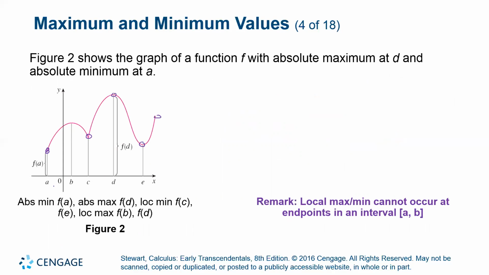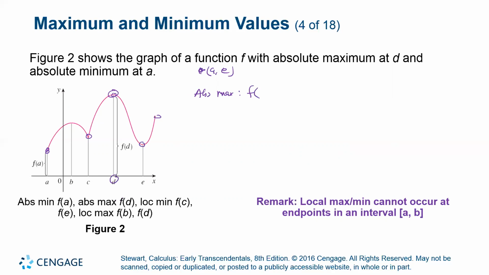If I consider the interval between a and e in this case, this is the highest point, the largest over that interval. So we will say that we have some absolute maximum occurring at f of d, which is the y value.